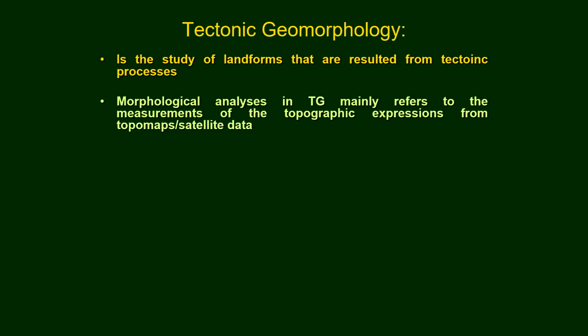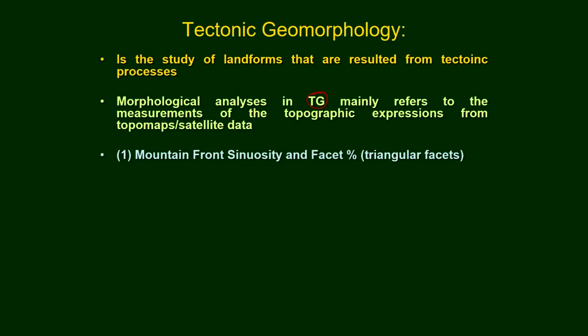TG is the acronym we have put for tectonic geomorphology. It mainly refers to measurements of topographic expressions from topo maps or satellite data. Again, this can be done sitting in the lab or on your PC.